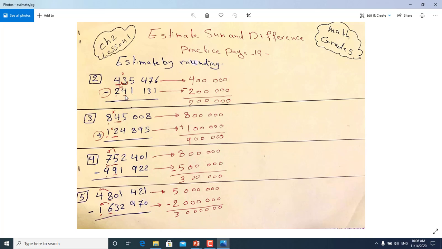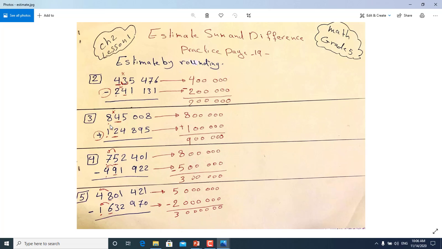We can put this line under this 4. So we know that it's also less than 5. You don't increase this 2. We write the same 2, and the digits after this 2 we make 0, and we have the minus sign. We write it again, and this is 0 minus 0. They are 0, and 4 minus 2 is 2.